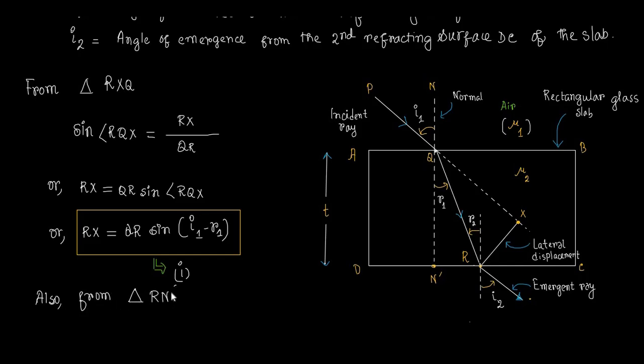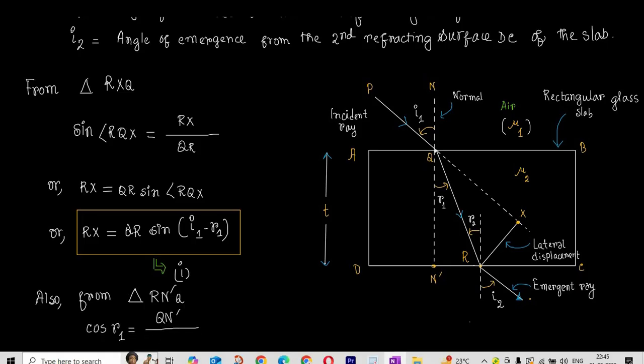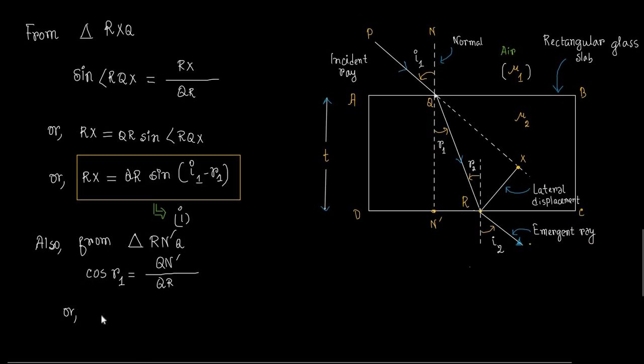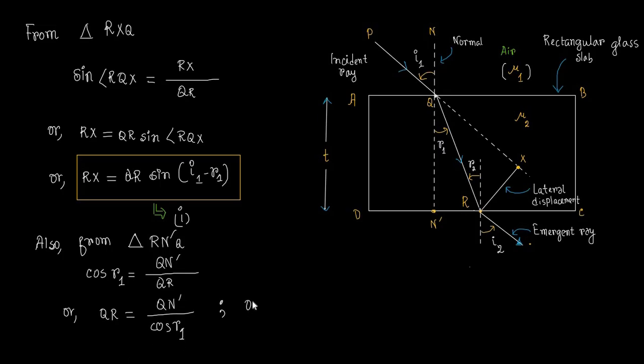Also, from the triangle RN'Q, cos R1 is base by hypotenuse, that is QN' divided by QR. Cos R1 is equal to QN' divided by QR, or QR is equal to QN' divided by cos R1.